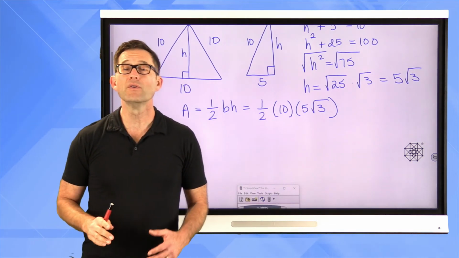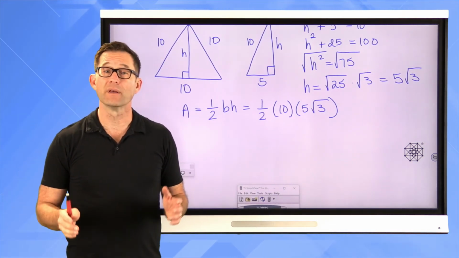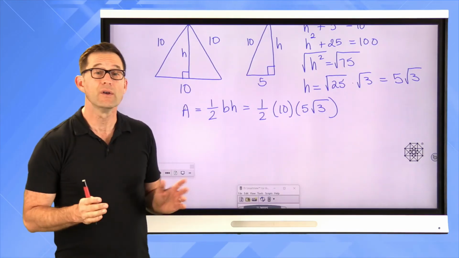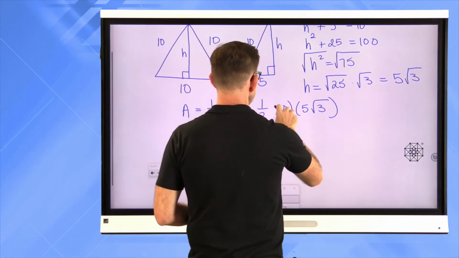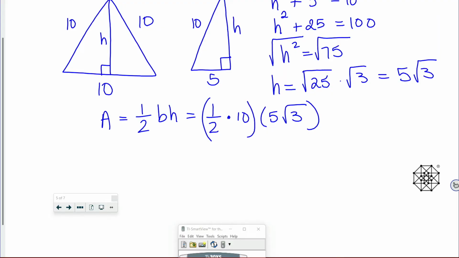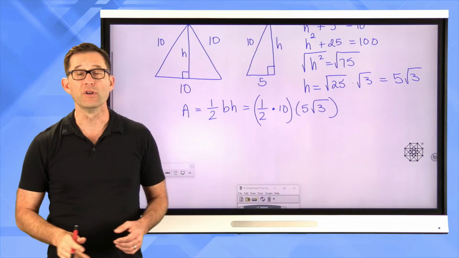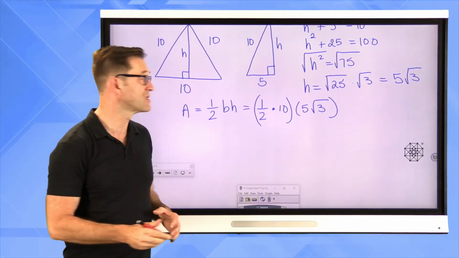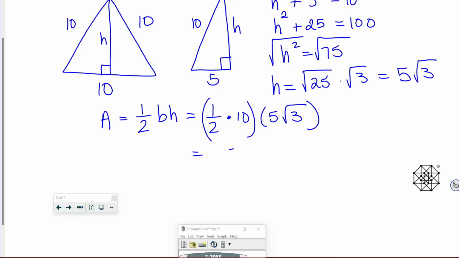Now keep in mind, you can do multiplication in any order you want because it's both commutative and associative. So for me, I'm going to actually use the associative property of multiplication, and I'm going to do the 1/2 times 10 first. I'm going to choose to do that product first, in which case 1/2 times 10 is 5 times 5 root 3.